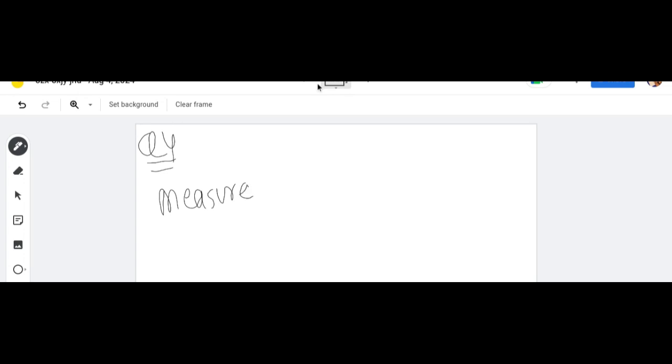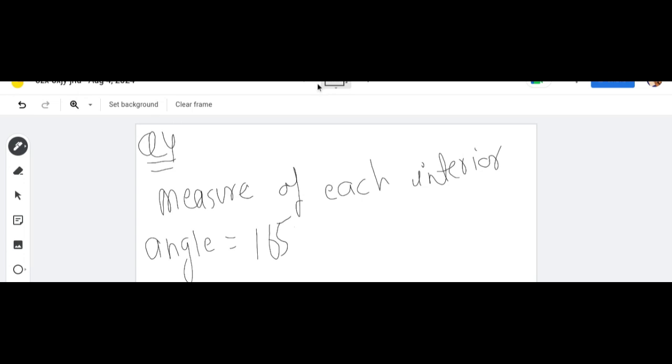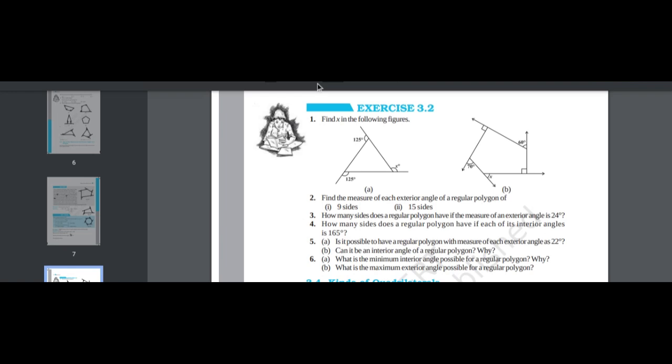Measure of each interior angle. Interior means internal. The measure of the interior angle is 165. That is the given data.